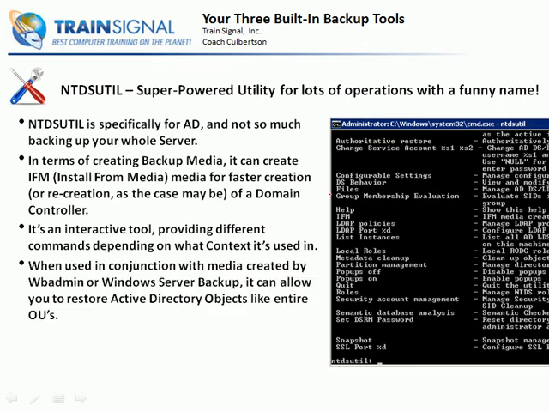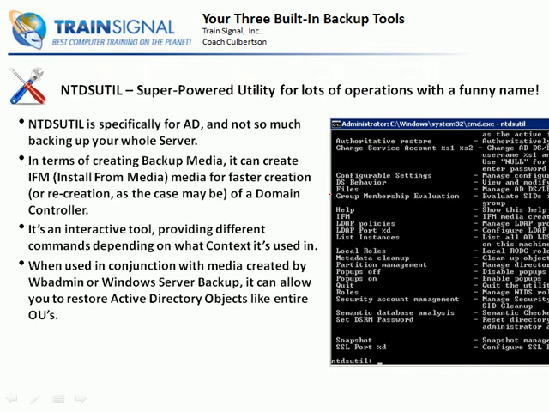But when you use NTDS Util in conjunction with your backup media that you create with WB Admin or the Windows Server Backup, it can actually allow you to take Active Directory objects that have been deleted, like organizational units, user accounts, computer accounts, whatever they may be.